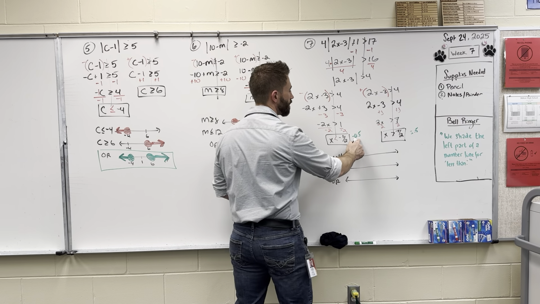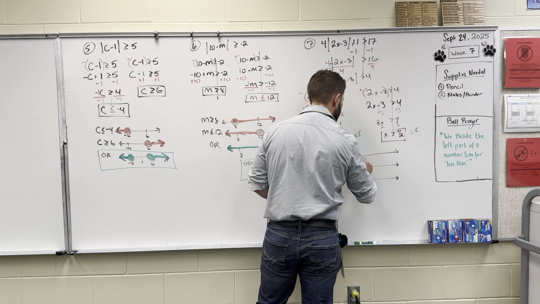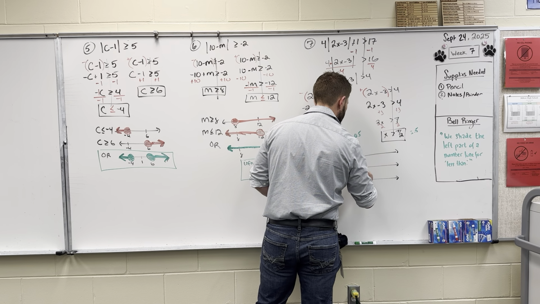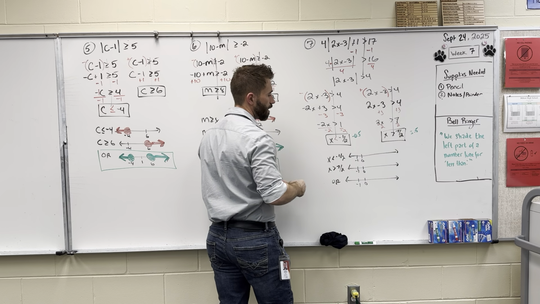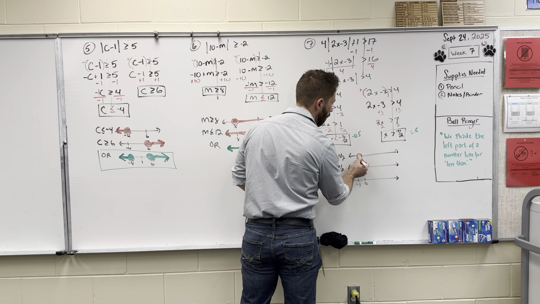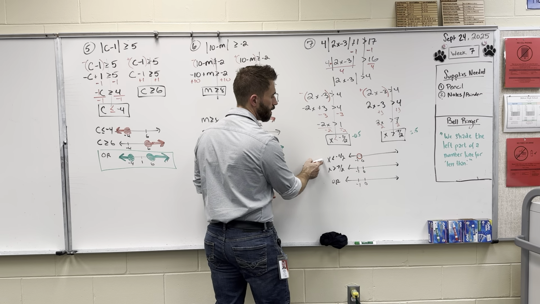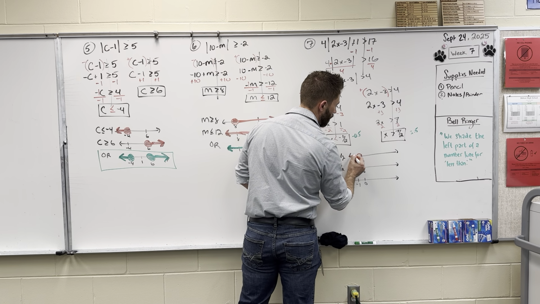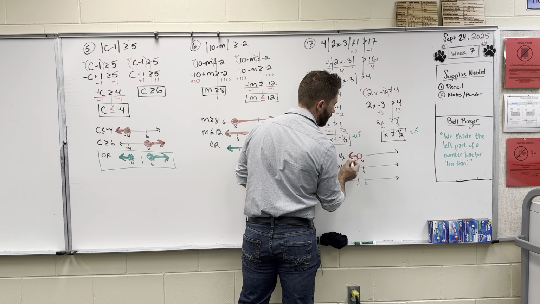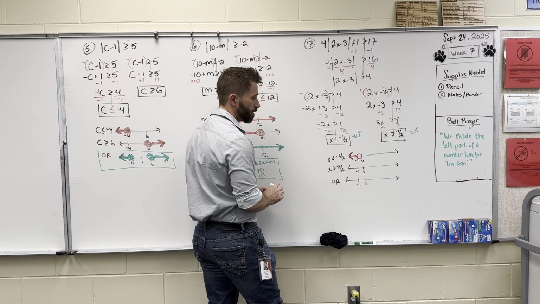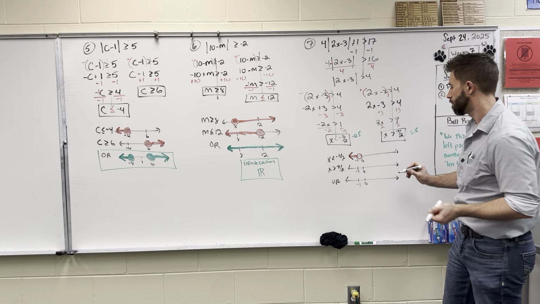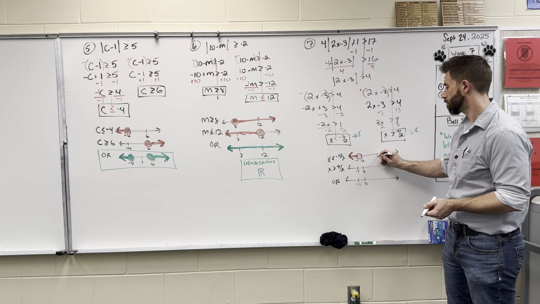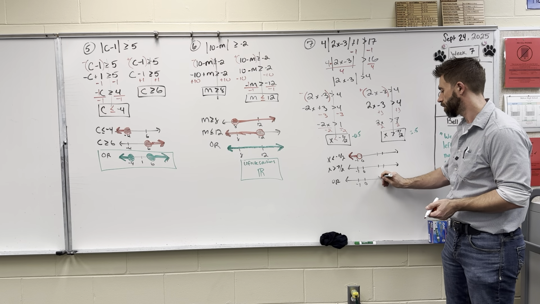So between 0 and negative 1, this one's going to be over here. Less than negative 1 half. So my lesser direction. It's not or equal to, so I'm not going to shade it in. That is between 3 and 4. So 1, 2, 3, and 4, 3 and 4.